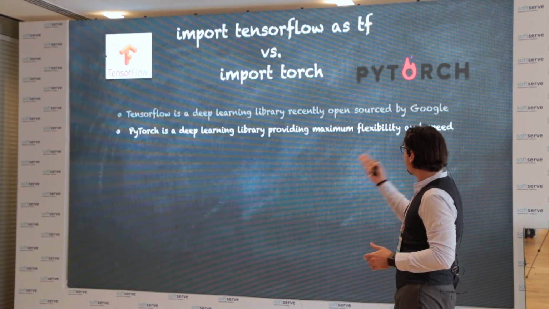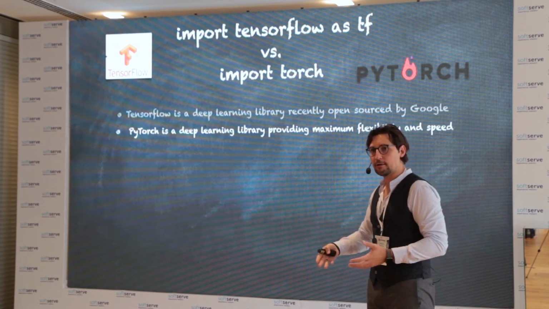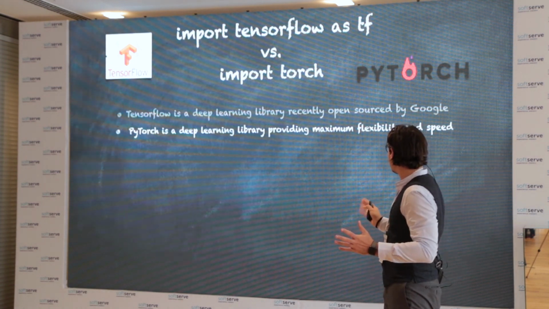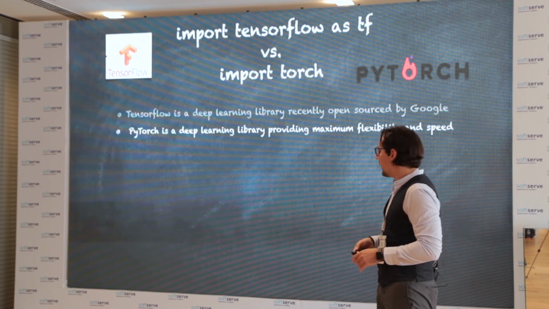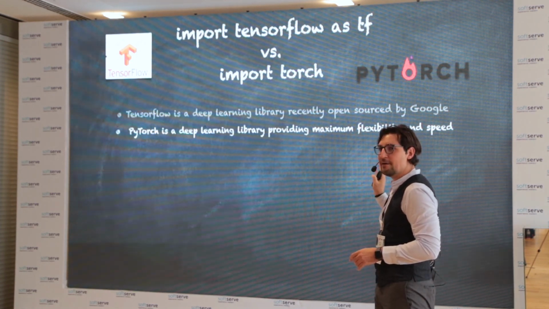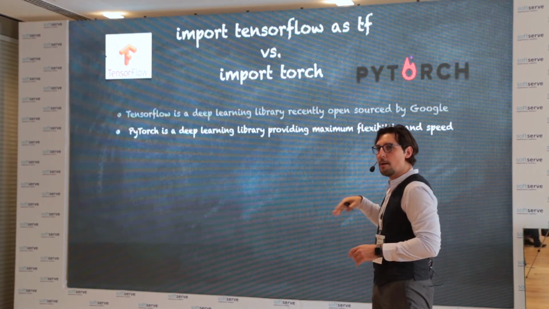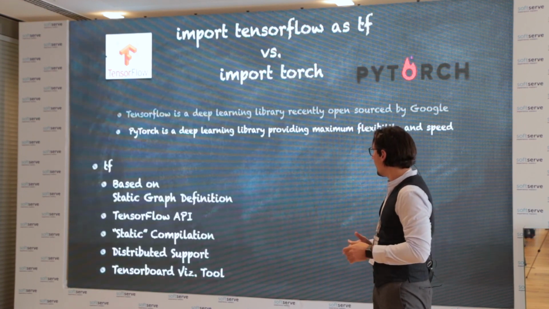If you compare TensorFlow and PyTorch, which is becoming more and more popular nowadays, PyTorch is a deep learning library providing maximum flexibility and speed. And this is very interesting. I don't have the time to explain in the very details the difference between the two, but I will be really happy to discuss that in the question time.